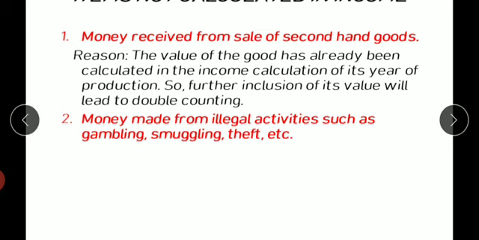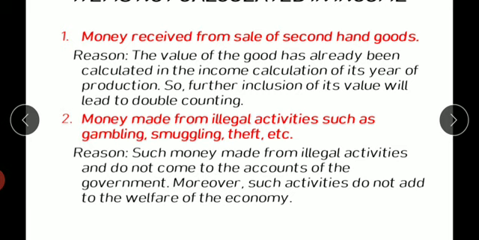Second, money made from illegal activities such as gambling, smuggling, theft, anti-social activities. When people make money through these activities, they are not included. What is the reason? Such money made from illegal activities does not come to the accounts or the record of the government.